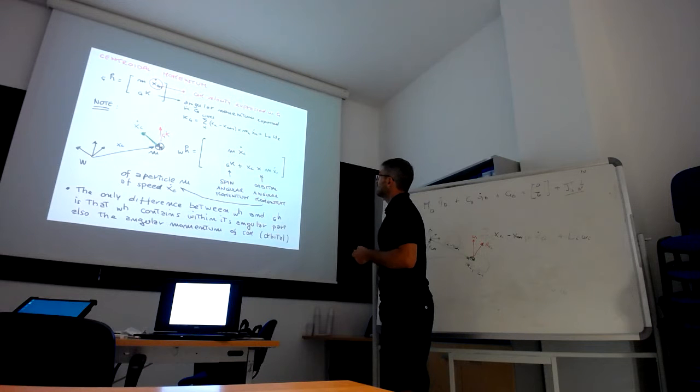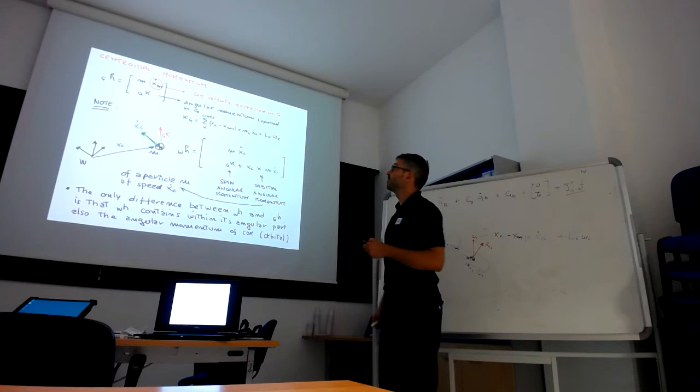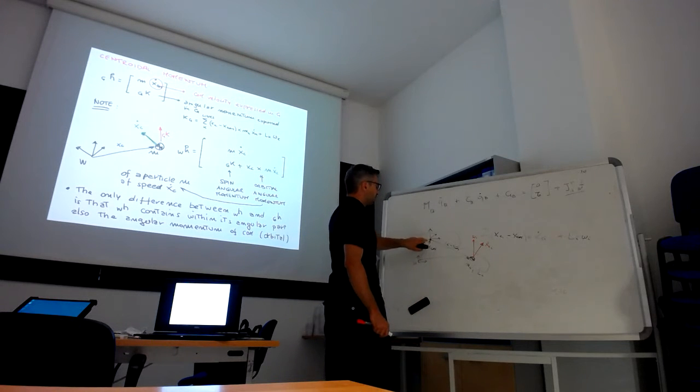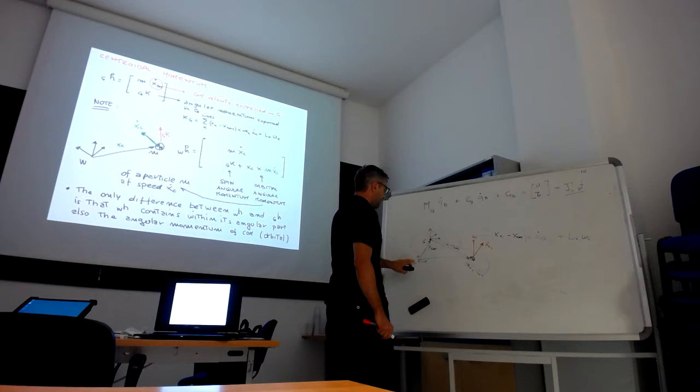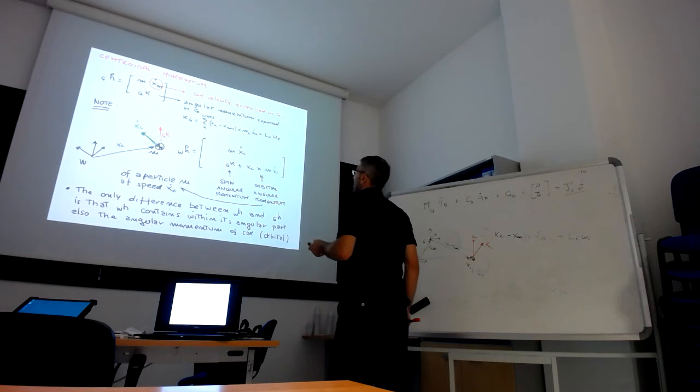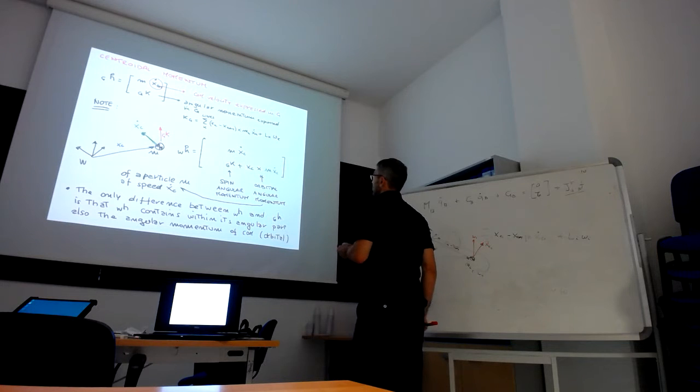As I said, if we are considering as pole to compute the angular momentum not the central mass origin but another external point, then we just add this component to the kg.